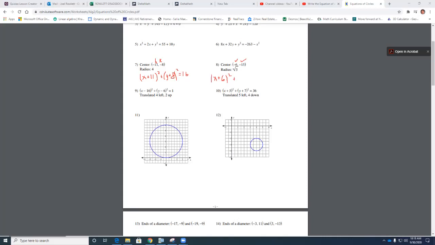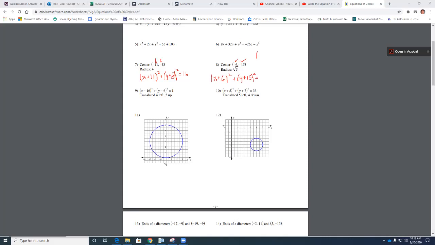Plus, now we have to do y minus -15, which is y plus 15. And again, since it's a circle, we have to raise it to the power of 2. And that's going to equal the radius squared.